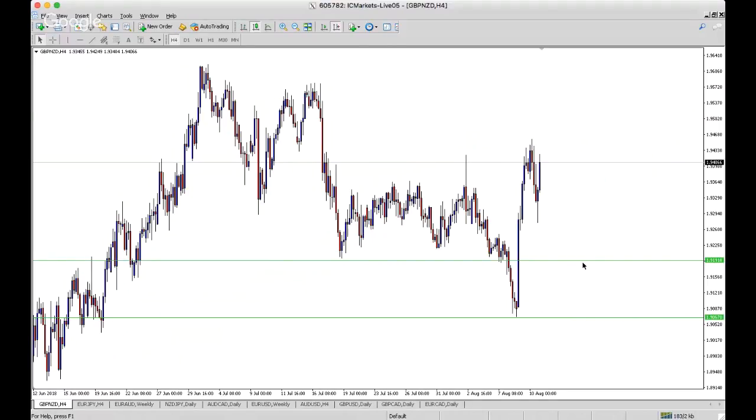It can be a false break of this level, or it can be a bullish engulfing form around here, and that will be my entry trigger for me to go long for this pair. Okay, so that is my gist of it for pound NZD.